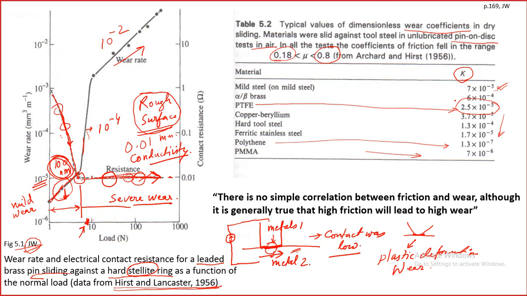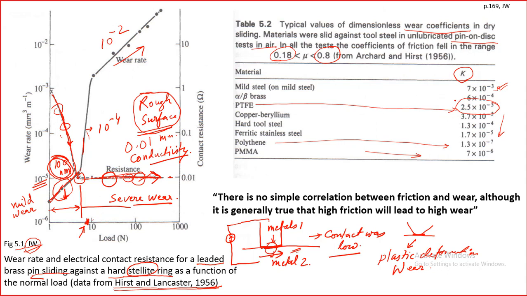First important thing is predicting or modeling wear by any analytical or computer simulation method is extremely challenging. Okay, although people are trying, and I think we will have one industry presentation on this one, on modeling wear using some computer simulation process. But in general, we have understood that modeling wear is very challenging.